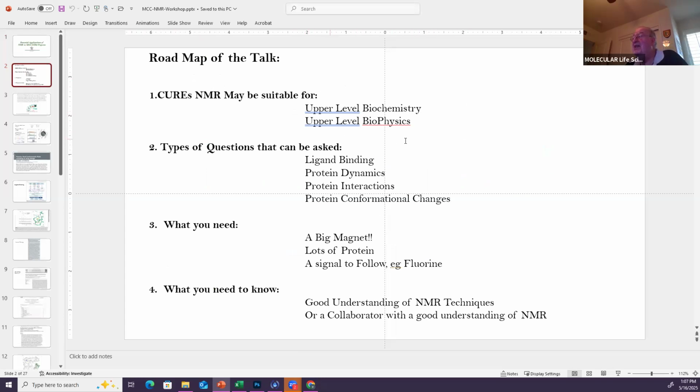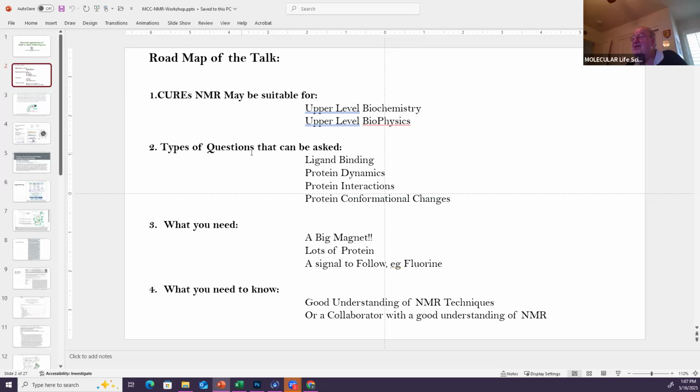I think it would be very problematic to try and put them into a lower level class that uses protein NMR. But in the right course, and we've successfully done it in an upper level biophysics course, it's been a lot of fun and quite informative.